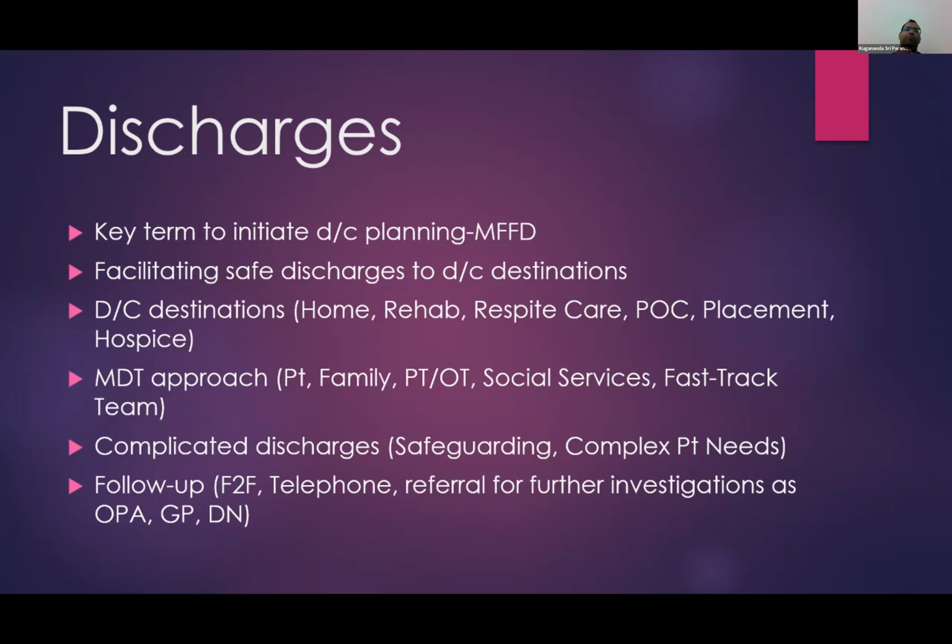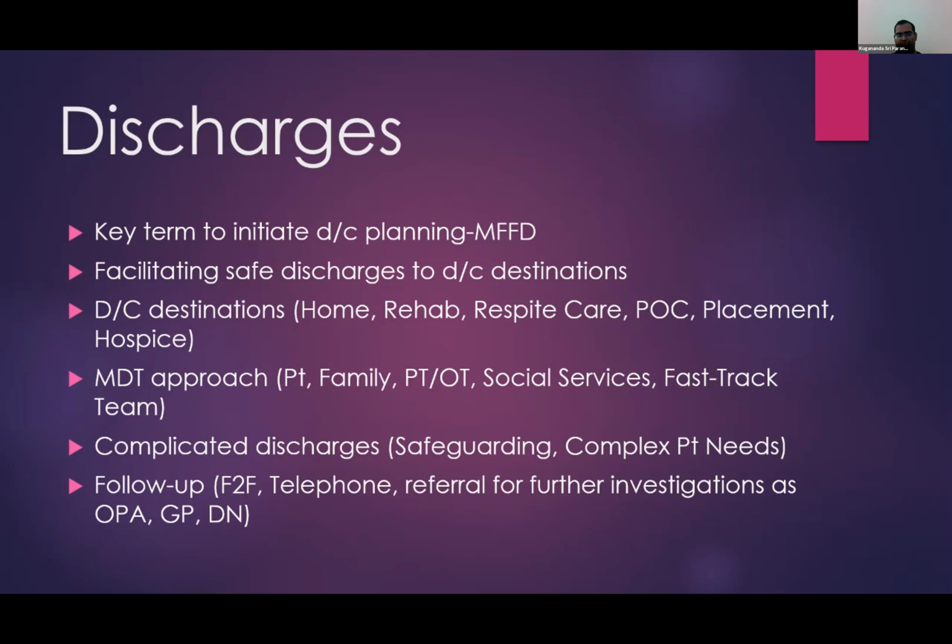Then we come to complicated discharges. Again, this is something that you'll face a lot of the time. The issue we always have in terms of patient flow is these complicated discharges, where we say the patient is medically fit for discharge, but we can't place them anywhere, or we're finding it difficult to place them.